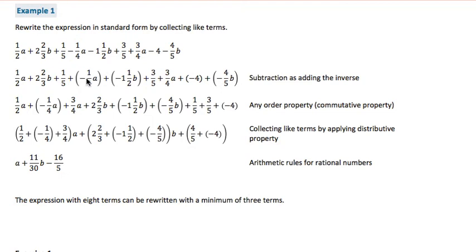It's confusing enough without. And then we'll change this subtraction to addition, plus negative 1 1/2 b. Keep rewriting, plus 3/5 plus 3/4 a. Change this subtraction, plus the opposite, negative 4. Change this subtraction, plus, and the opposite, negative 4/5 b.